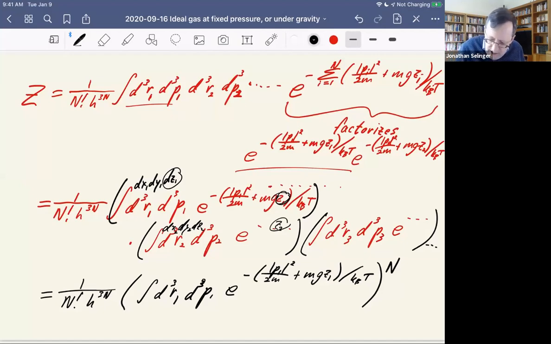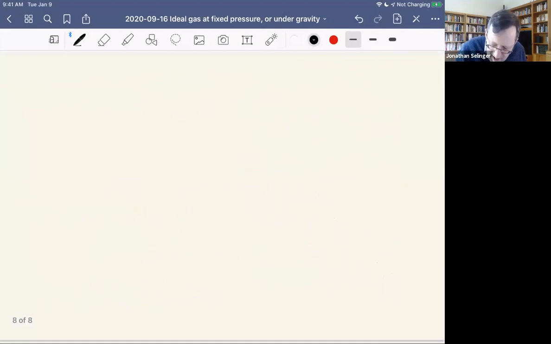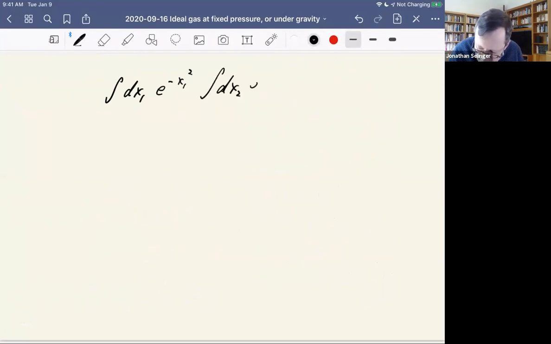Oh, well, it's just like if you have, what's something that's easy to integrate, the integral dx1 of e to the minus x1 squared, integral dx2 of e to the minus x2 squared, right?